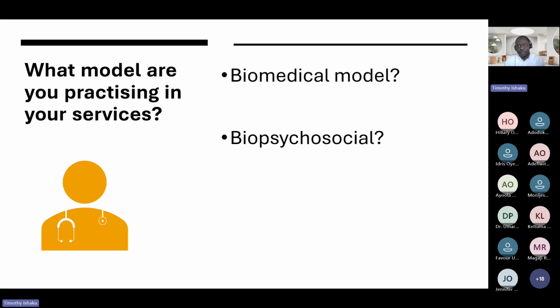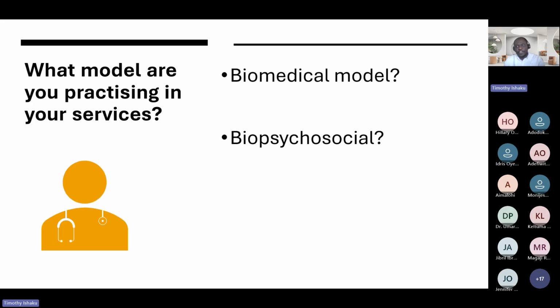Before we went on a break, we were looking at models of practice that underlie your assessment generally, or inform how you go about assessing a patient and subsequently documenting it.